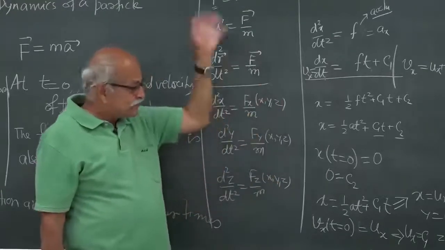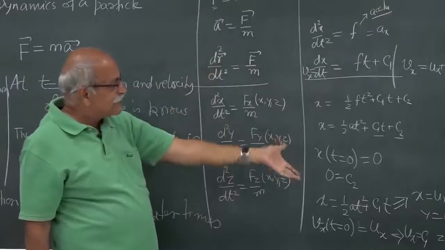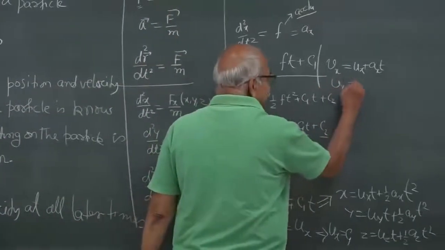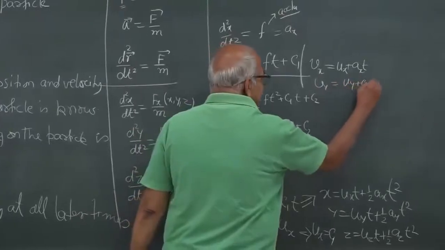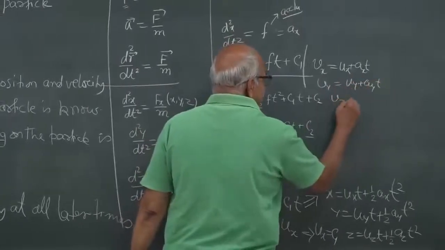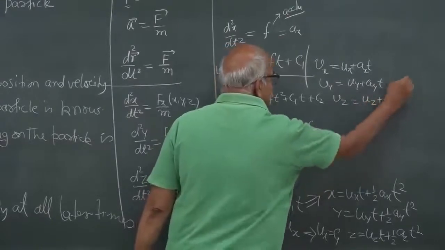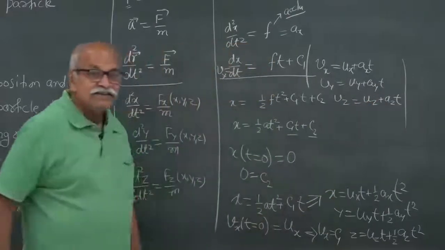So, those methods can be applied. Finally, you can get x, y, z, finally you can get vx, vy, vz. So, vx is this, vy is this and vz is this. Right.